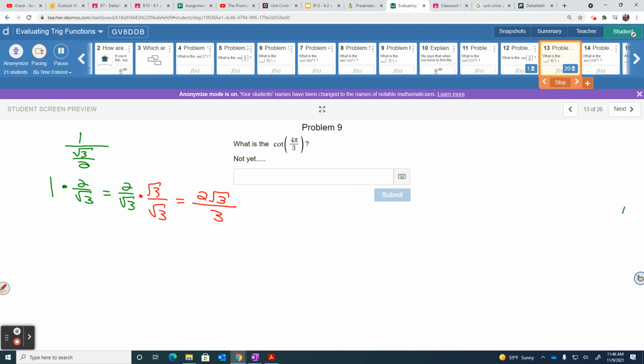All right, cotangent of 4 pi over 3. Cotangent is the x over the y at 4 pi over 3.